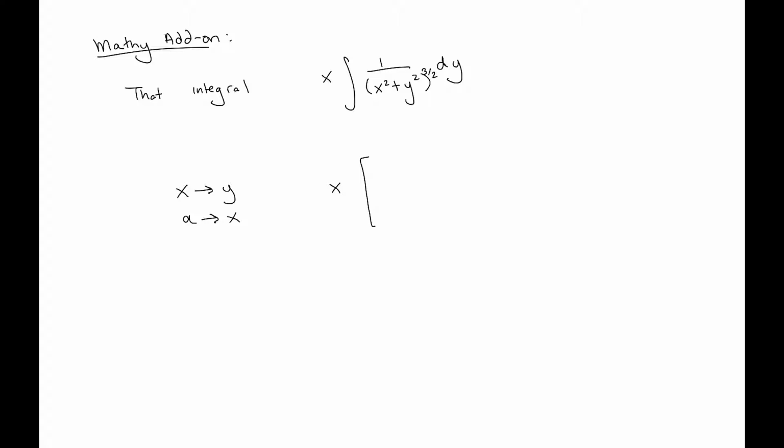And then in my integral, I'm going to end up getting y on the top, because y is the same thing as x in that table. I'm going to get an x squared out here because x for me is the same thing as a in that table. And then I get the x squared plus y squared, okay?